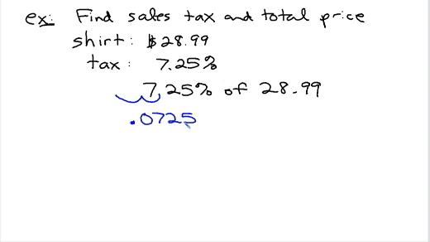Not 0.725, that'd be like 72% tax. That'd be really bad. 0.0725 times $28.99. Okay, grab your calculator. Let's try that.